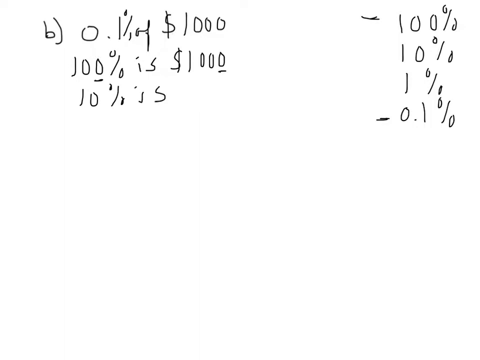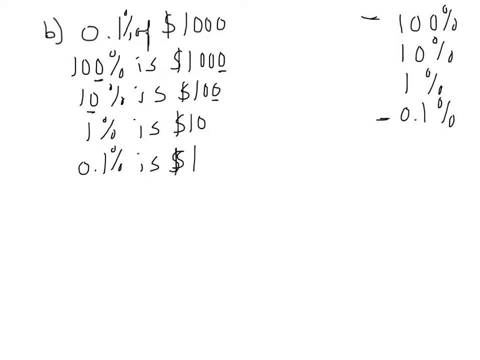So 10% is just going to be 100. For 1%, we've lost another 0, so it's going to be $10, which means that 0.1% is just going to be $1.